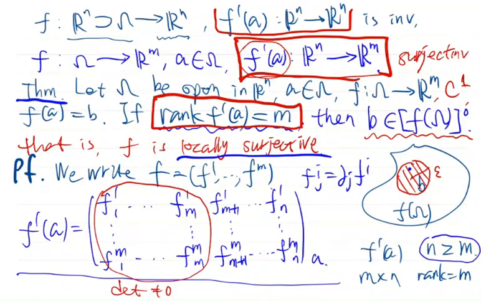The rank is m, so there are m columns which are linearly independent. Without loss of generality, we assume that the first m columns are linearly independent.